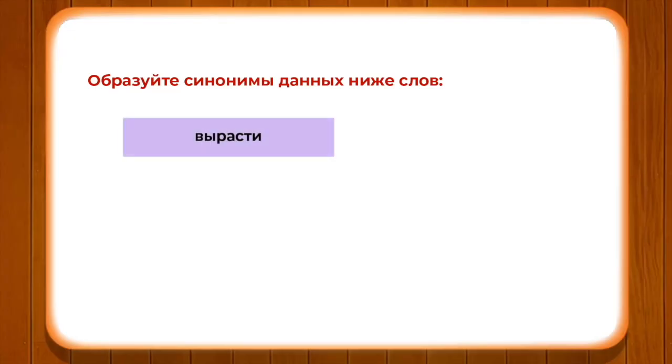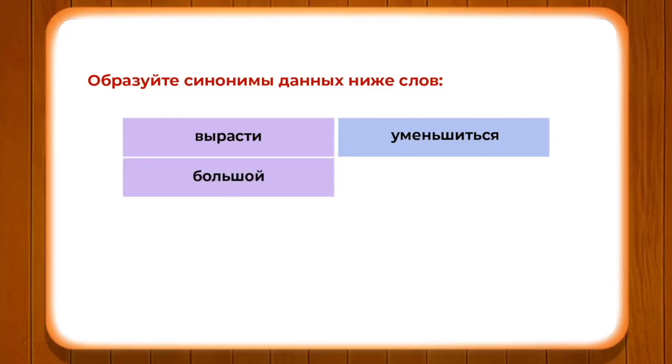Молодцы. So let's go to the next part of our module, that is to make antonym of the same words. In Russian we call it образуем антонимы данных ниже слов. So first word we had вырасти, and antonym of this word is уменьшиться. Уменьшиться.